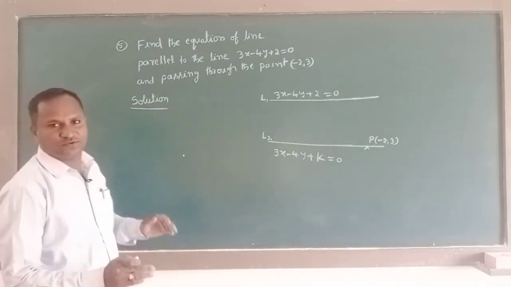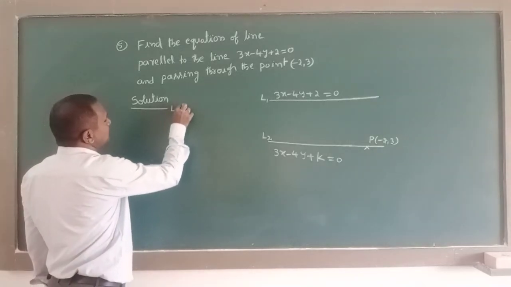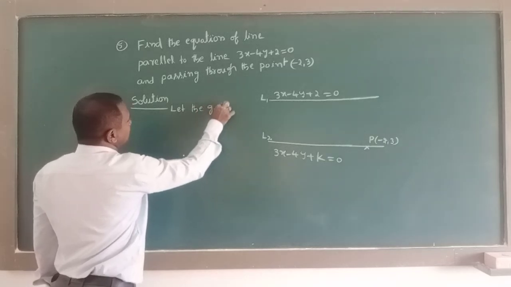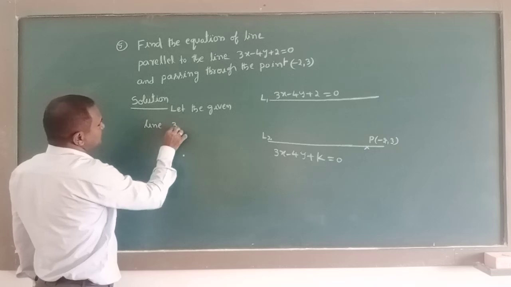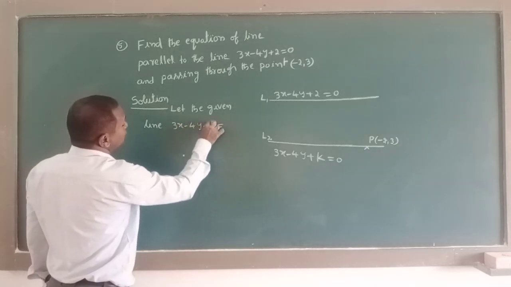Now we are going to write the formula. Let the given line be 3x minus 4y plus 2 is equal to 0.